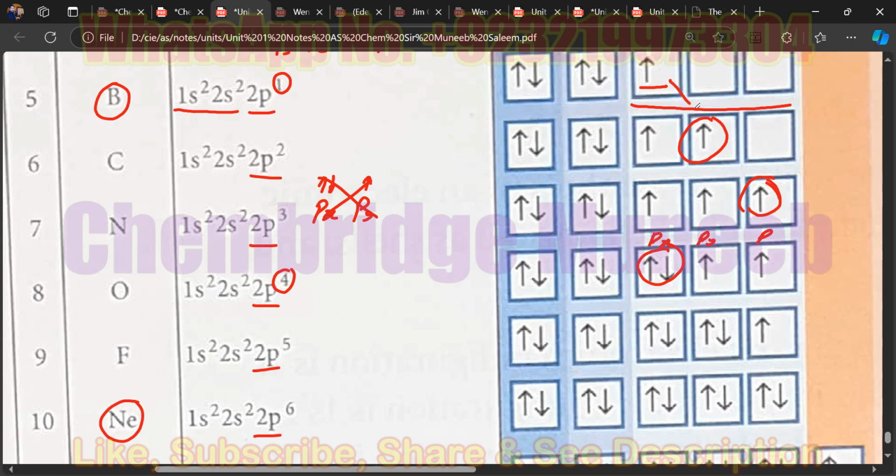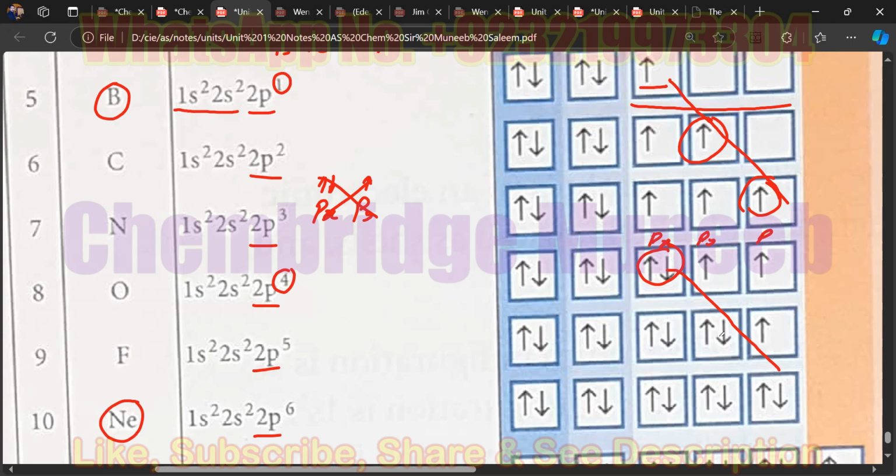The electrons are filled from px to py, then pz, and when there is another electron, it will again start filling from px to py and pz, but this time in the paired form. Is that clear? Yeah. So that's the order of filling the electrons.